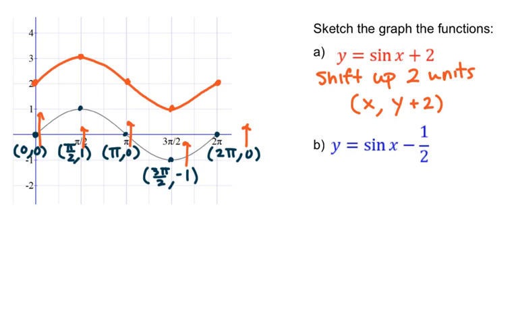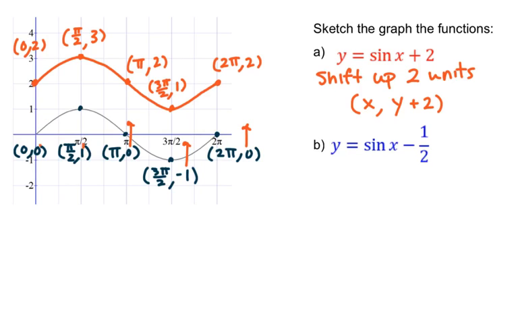So if I were to list my new 5 key points, I would have 0, 2; pi over 2, 1 plus 2 gives me 3; pi, 2; 3 pi over 2, negative 1 plus 2, that's going to give me 3 pi over 2, positive 1; and then I have 2 pi, 2. So I have 5 new key points.